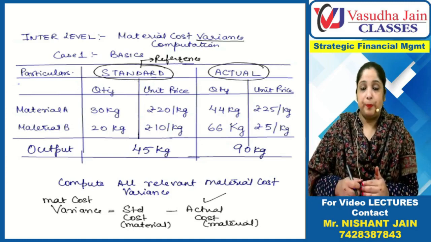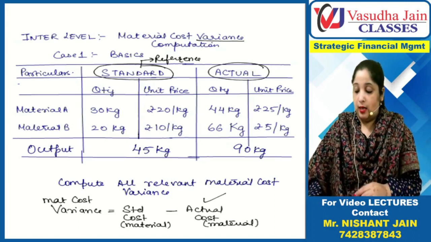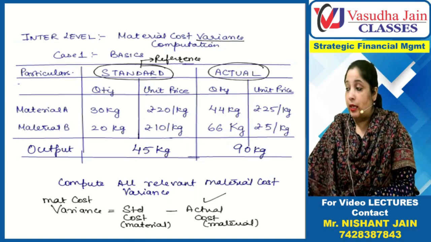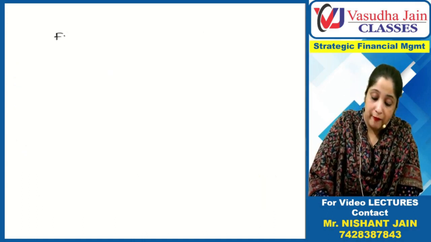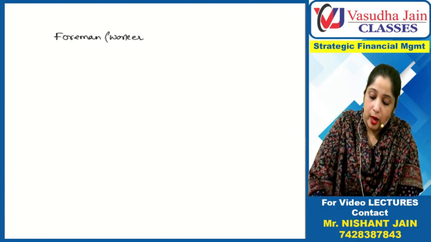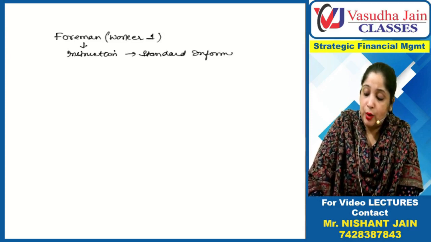Let's read the information. Before reading the information, let me call my foreman first. Let us say worker 1, and I am going to instruct him. I am going to give him instructions, and those instructions will represent the standard information, that this should have been done.